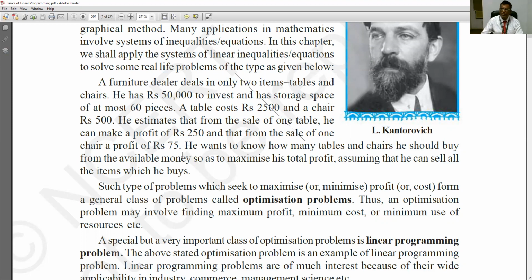These are the narrations. Now you have to convert this language of the problem into the form of equations and inequations.